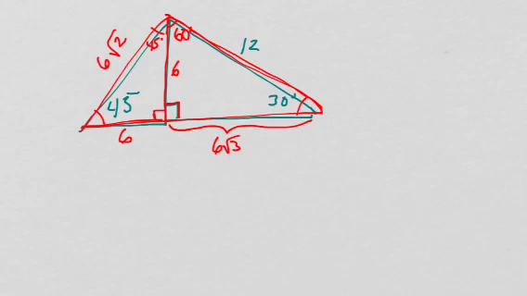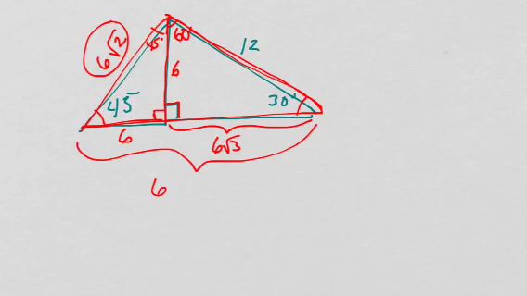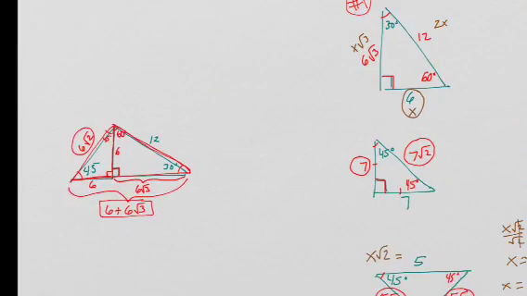And one of the big popular answers then is this entire distance is 6 plus 6 square root 3. Notice that we can't add those together unless we turn it into estimated decimal form. So there is our answer for all the possible questions that we could have been asked about this.